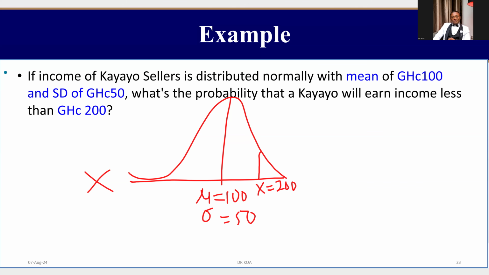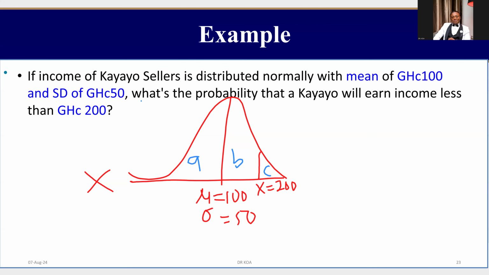Now go back to the question. The question says, what is the probability that if I close my eyes and pick anybody who is a Kayayo, that Kayayo person is earning less than 200?